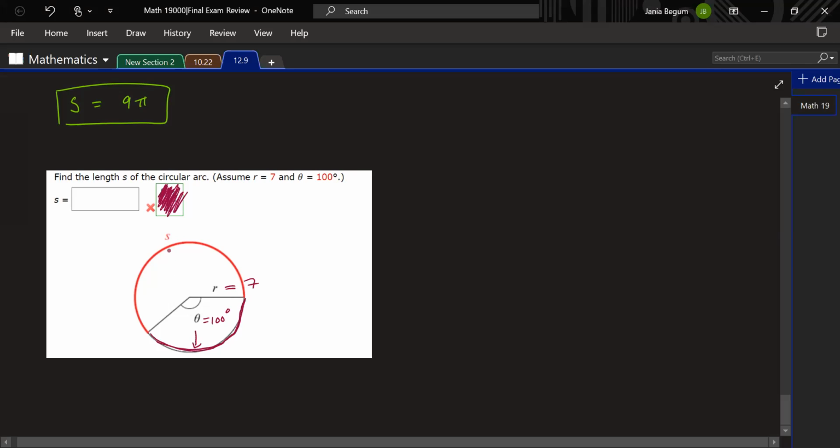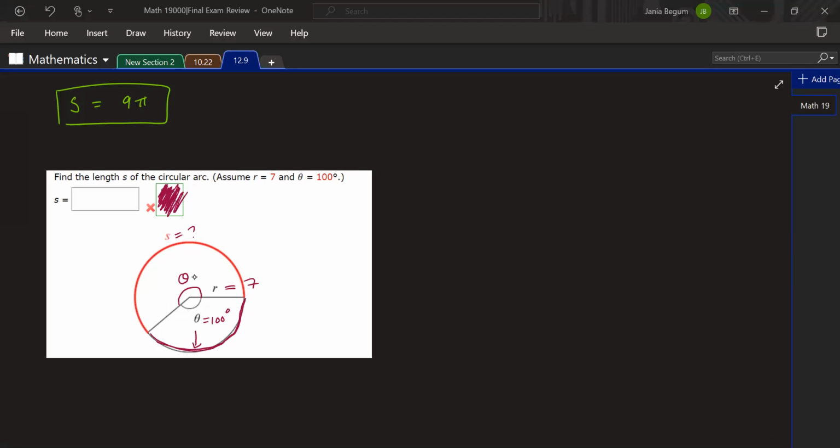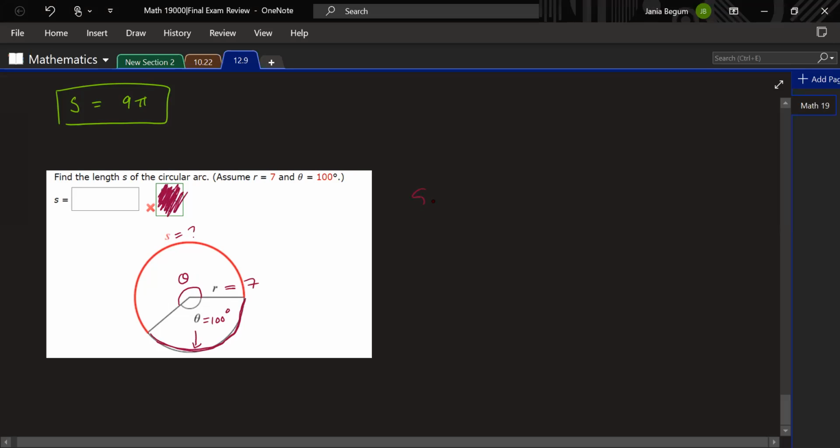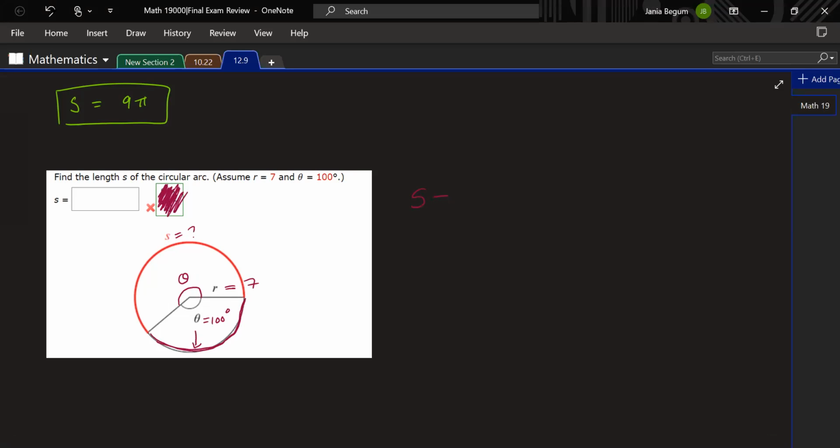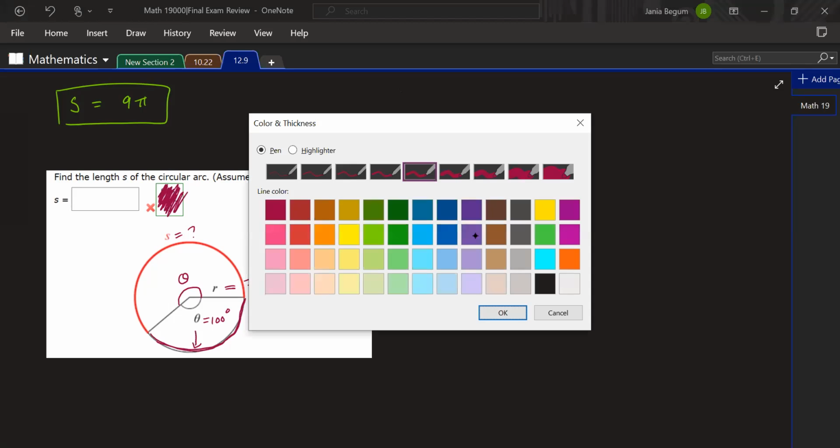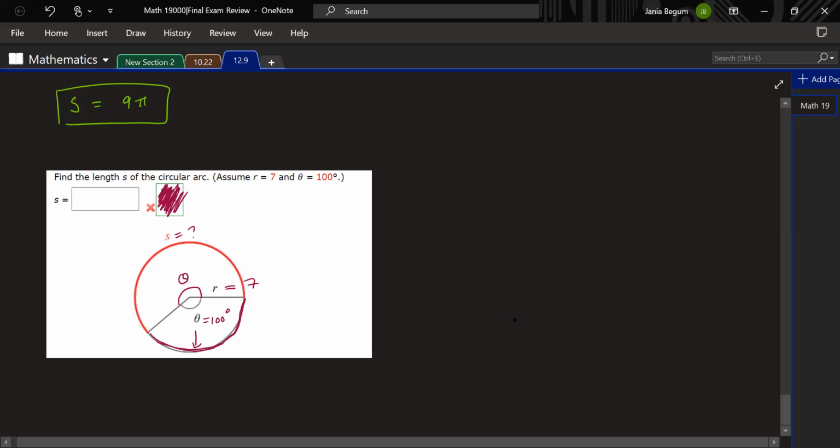We're looking for the arc right here, which means we need to find the theta for the formula to give the corresponding arc. How do we find the theta that we need? 360 minus 100, because the entire circle is 360. If we take away theta, we get the theta that we want.